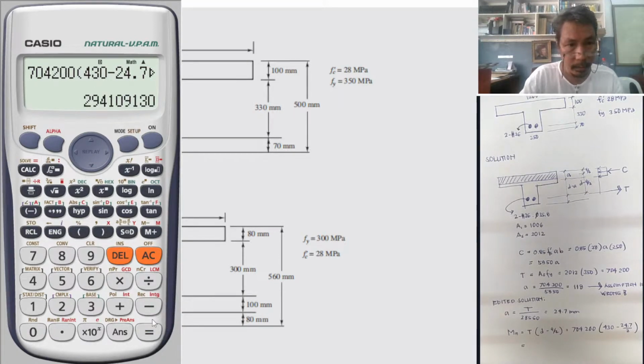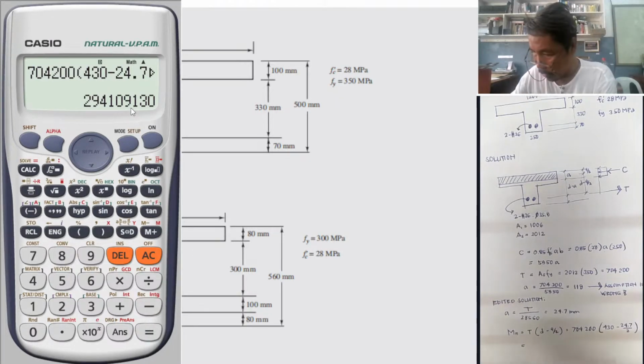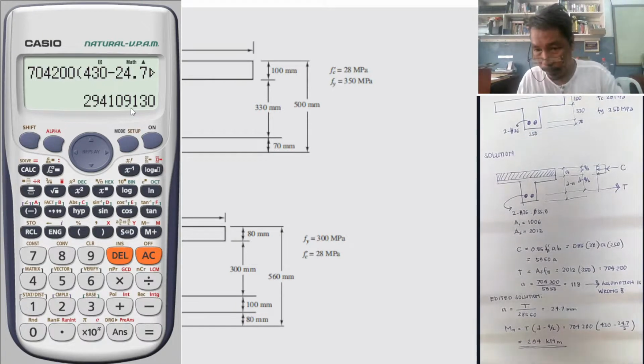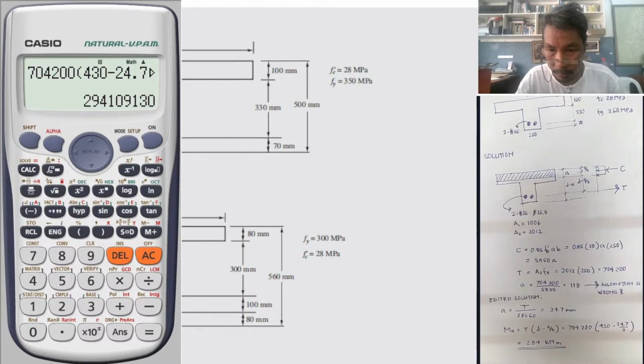And the answer would be 294 kilonewton meter. That is our final answer. Okay. So any question?